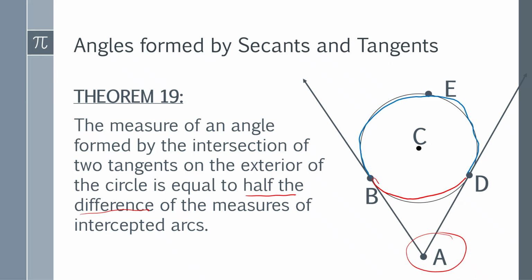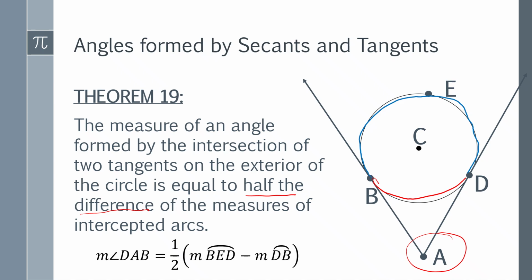Remember the two intercepted arcs. Now, the formula: the measure of angle DAB is equal to half of the measure of the major arc BED minus the minor arc, which is the measure of arc DB.